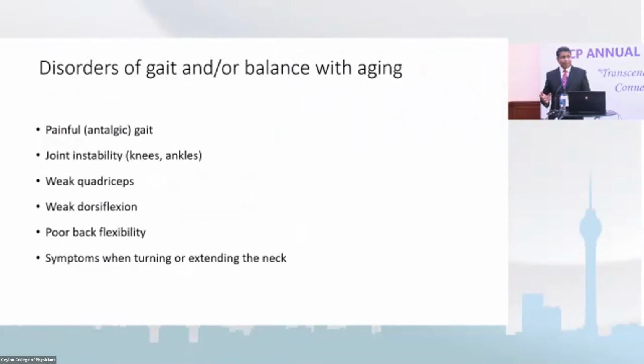The pathological processes: these people develop osteoarthritis, which can cause joint instability, pain, wasting of quadriceps, and weak dorsiflexion. So various physiological plus pathological changes in our musculoskeletal, neurological, and other systems cause problems and make patients more vulnerable to falls.